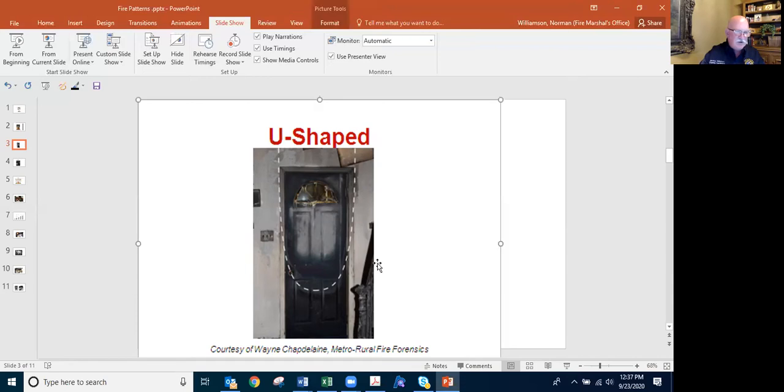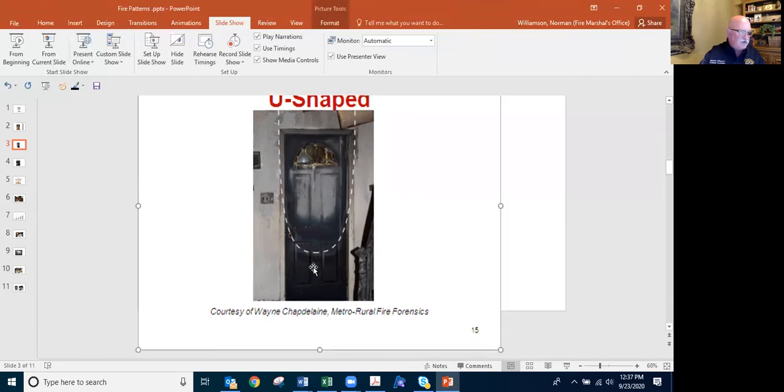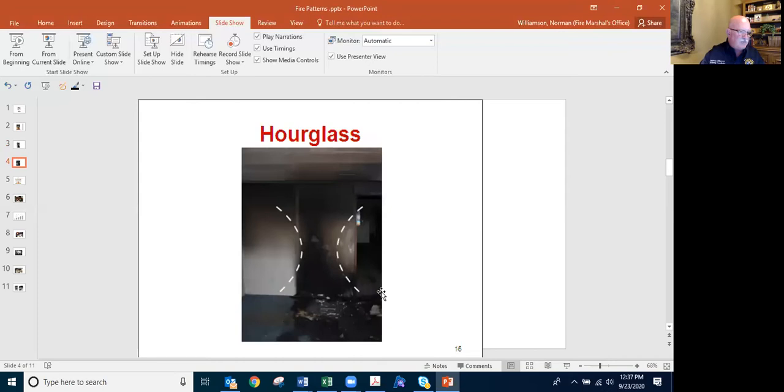So when we look again, we're going to look at the hourglass type shape. Again, you're going to have this inverted V here, which means your fire started out this way some, came up and then made a V pattern. So your fire origin, most of it's going to be out in this area. Does everybody understand what I'm saying there? It's similar to the V and the U. Do you guys see what I'm talking about? Yeah, I see it.